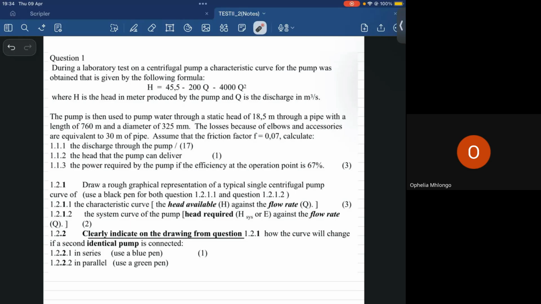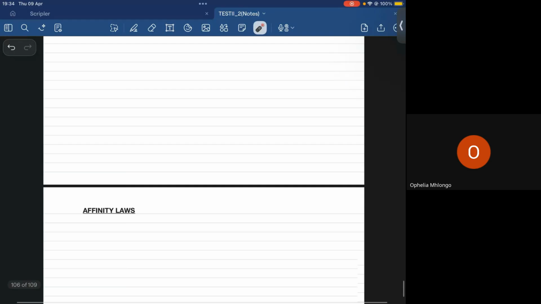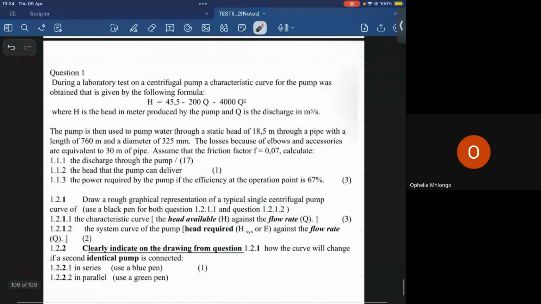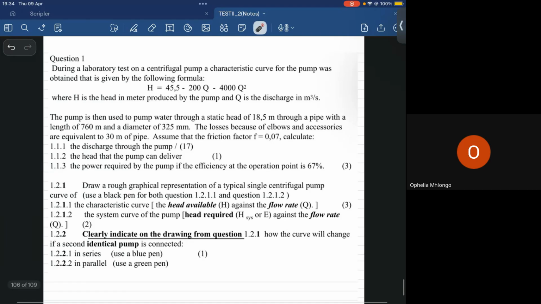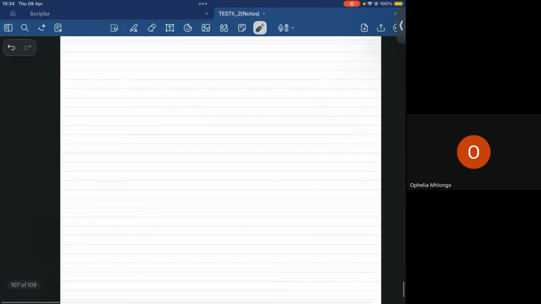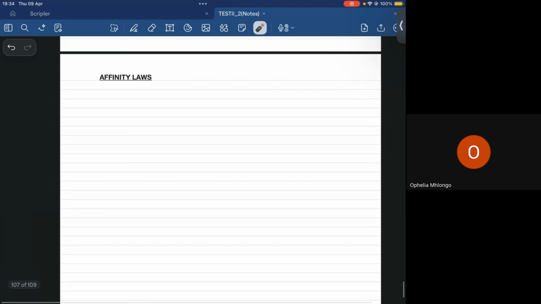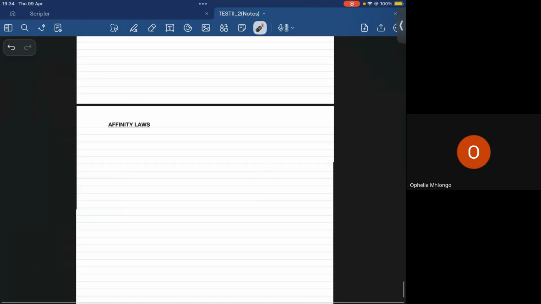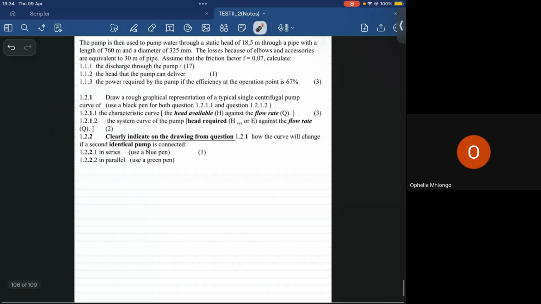So without any waste of time, we will start with this problem because we already went through the centrifugal pump graphs. After that, we will go through affinity laws. So without any waste of time, let's start here.